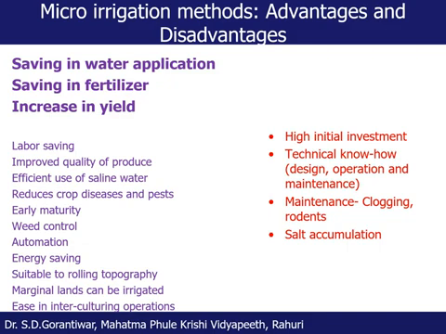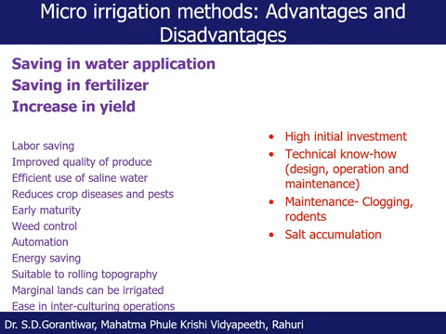This is one important benefit of the micro irrigation method, which is largely ignored actually. Again, this is associated with the fact that we can maintain the moisture level in the root zone at the desired level, and at the same time we can apply the nutrients into the root zone of the crop at the desired level.